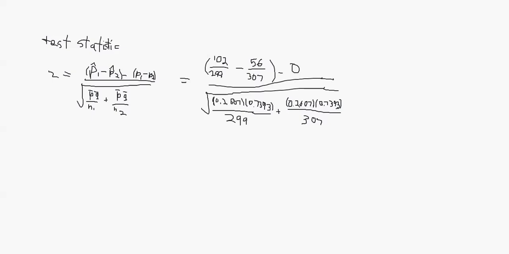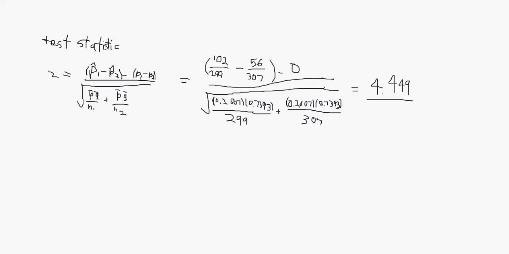So once you plug in the data, we would have 102 over 299 minus 56 over 307 all over the square root of 0.2607 times 0.7393 divided by 299 plus 0.2607 times 0.7393 over 307. So once you calculate that, that would come out to be 4.449 for the test statistic.